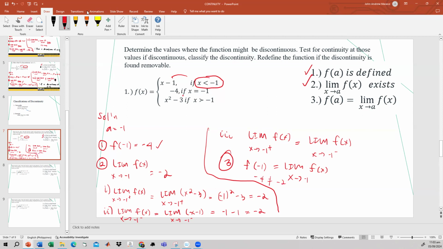So, class, what do we need to conclude now? We can conclude that since the third condition is not being satisfied, f is discontinuous at x equal to -1.